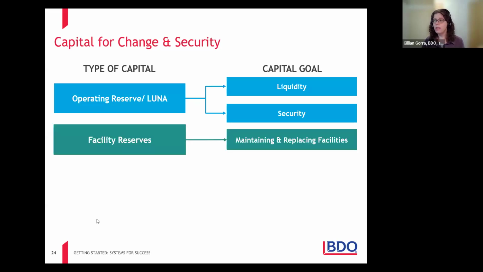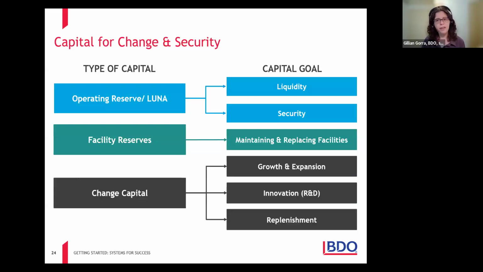We also want to be thinking about building reserves for things like facility or equipment that we may own or any kind of fixed assets really that we are responsible for maintaining, repairing, and replacing. Sometimes this comes up kind of by surprise and we're not prepared to replace the equipment we need if we're not thinking about it in advance, sometimes years in advance.